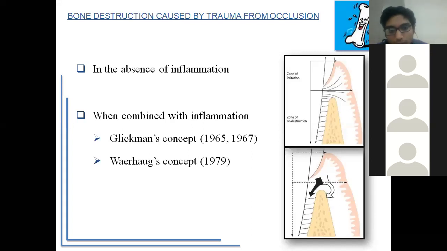That is, the normal forces become abnormal, right? So why is there no pocket formation in trauma from occlusion? Because the supracrestal fibers remain intact, right? So this is the main reason why there is no pocket formation in primary trauma from occlusion. But due to the altered pathway of inflammation, it leads to formation of angular bone loss.